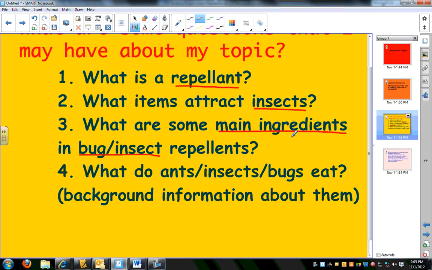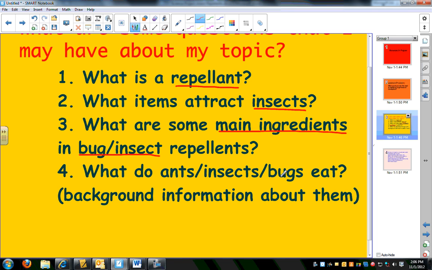Okay, knowing these main ingredients, looks like there's a spelling error. Repellent. Knowing these main ingredients will help you to better understand which repellents, of course, keep insects away the best, because you could look for the repellent containing the most of those particular ingredients.